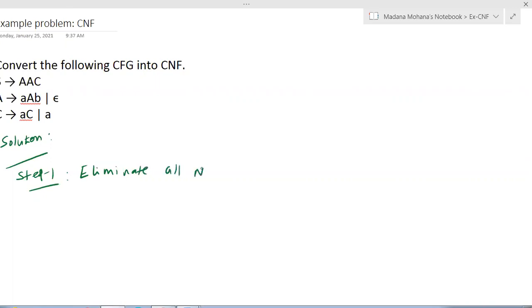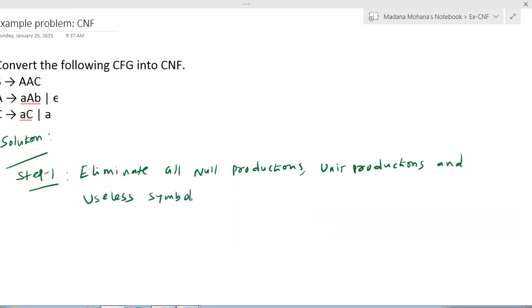all null productions, then unit productions, and useless symbols. Check one by one in the given grammar what it contains.